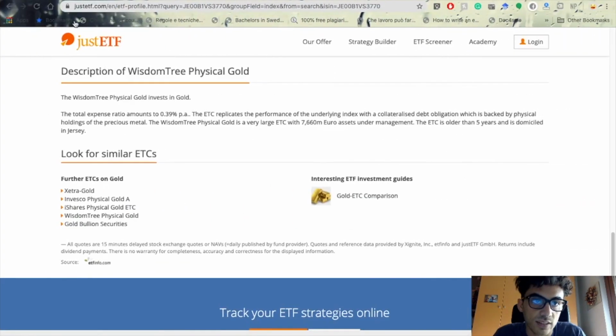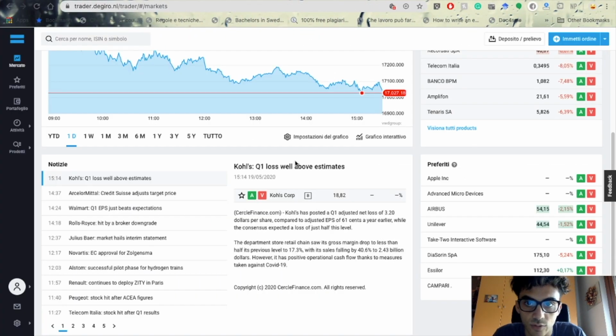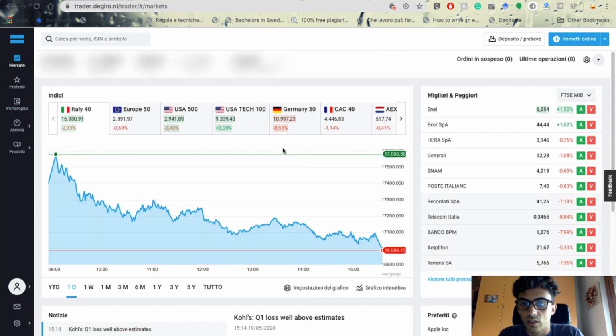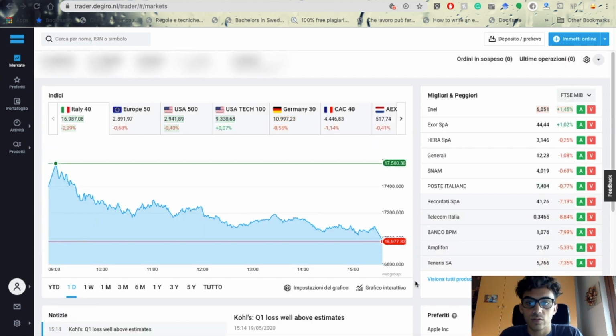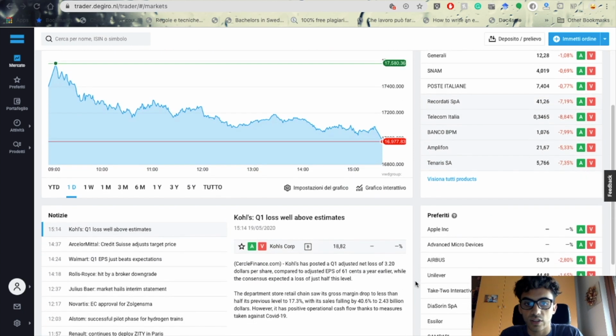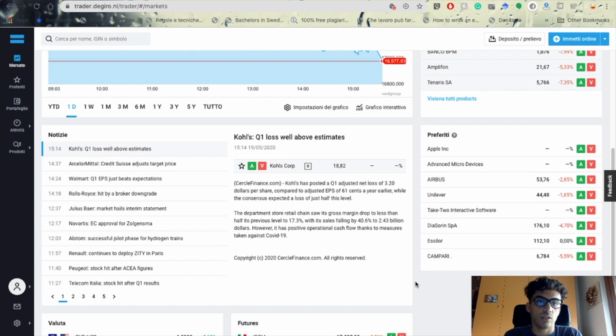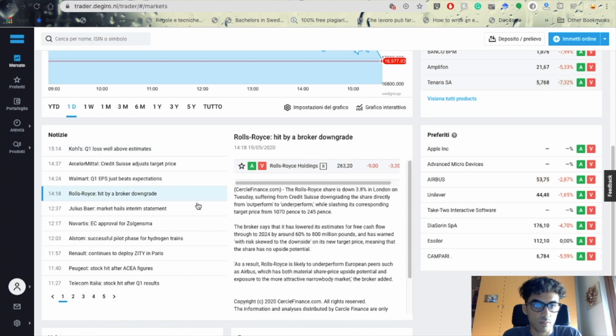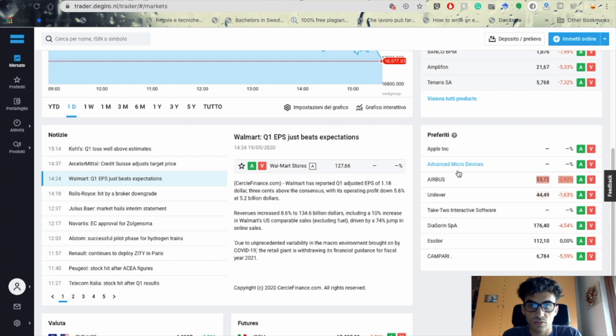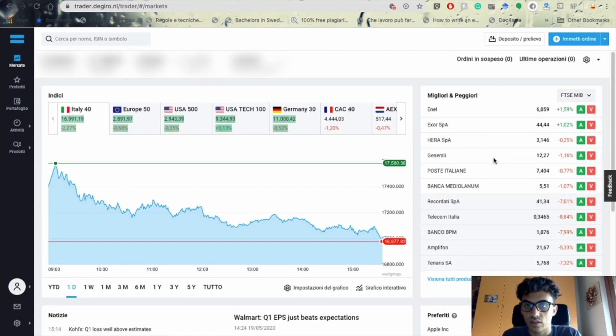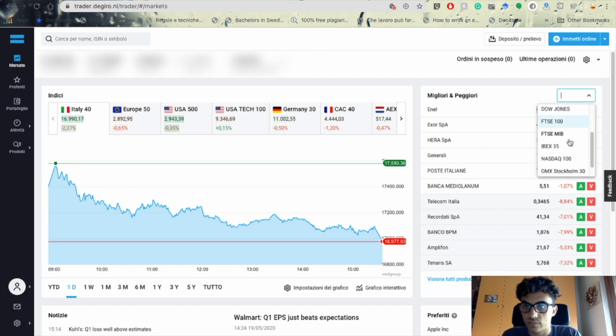So now let's see how the platform looks from the inside. So this is the platform, very simple, easy to use. As you can see, here you have a section for the news each day. Rolls Royce hit by broker downgrade, blah blah blah. You can check out the latest news, the favorites, the best and worst of each index.